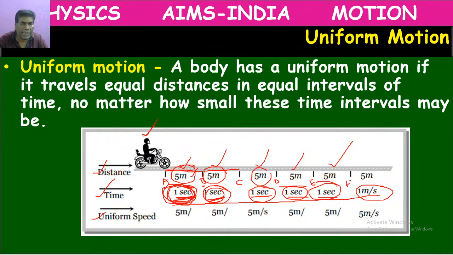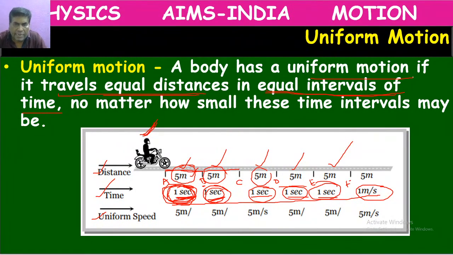So we can say this body, the person moving on the bike, is exhibiting uniform motion.